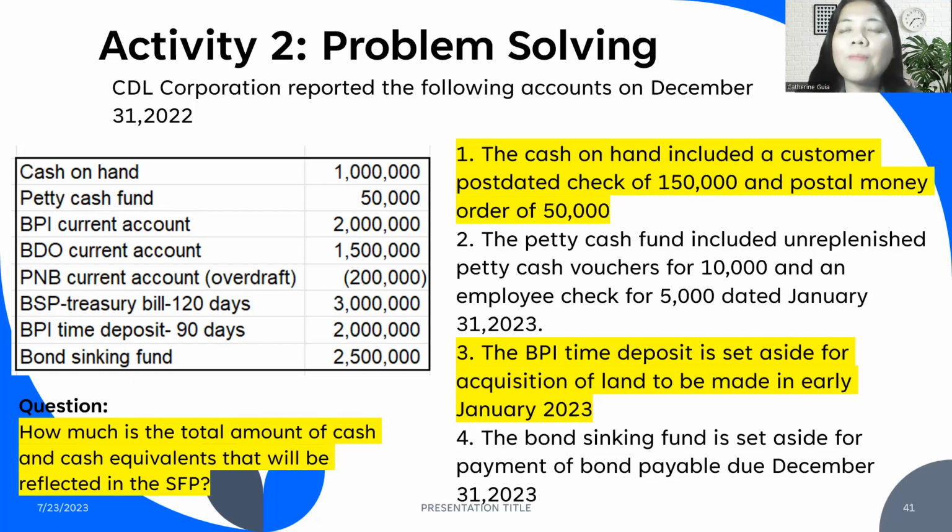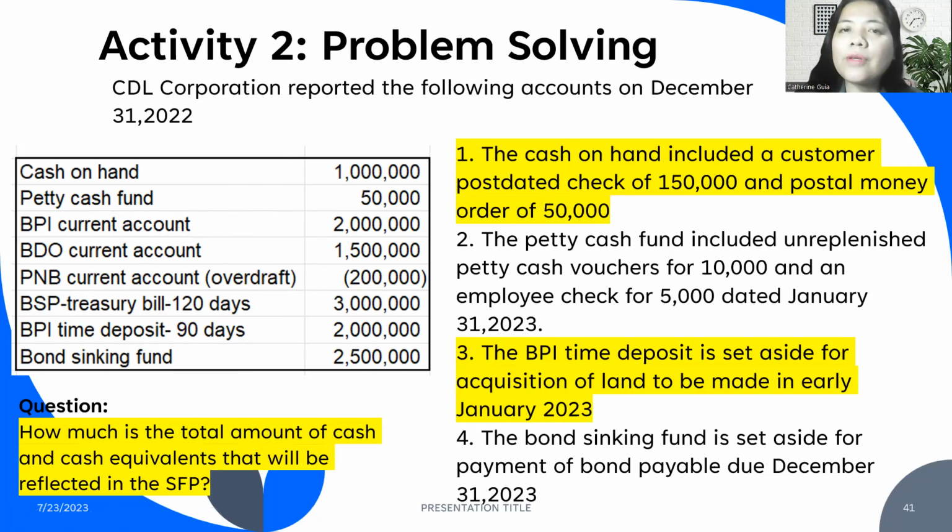So what will be your procedure in determining the cash and cash equivalents? You have here the table. Your task is to determine which of these items are included in our cash and cash equivalents. And then you also have these 4 additional information. Which of this information affects our cash and cash equivalents?